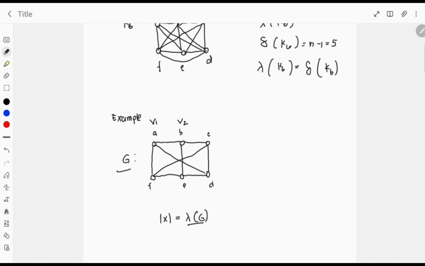So if this one is V1, let that one be V1, because it is just a trivial vertex. Each component contains at least one vertex.